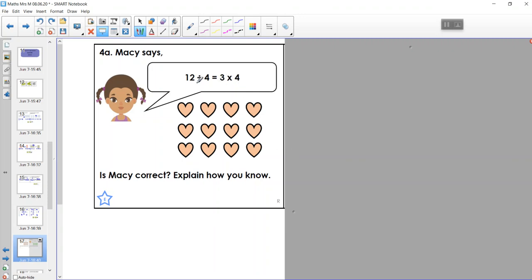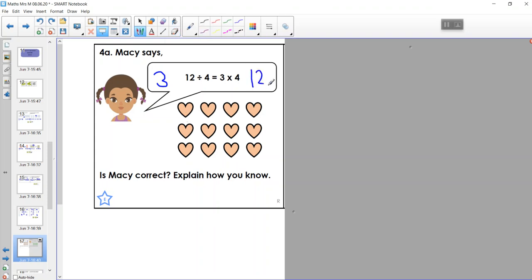Well, 12 divided by 4, well, I've got 12 here. If I split it into 4 groups, it gives me 3. And actually, I've got 3, 4 times. And 3 times 4 is 12.